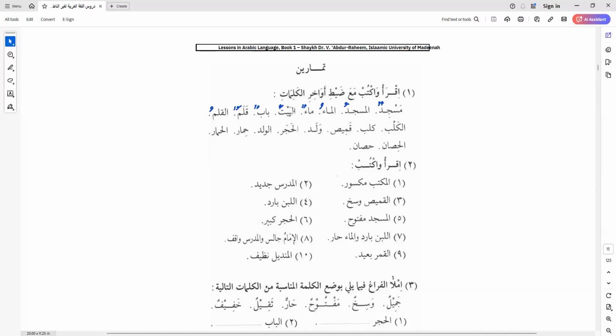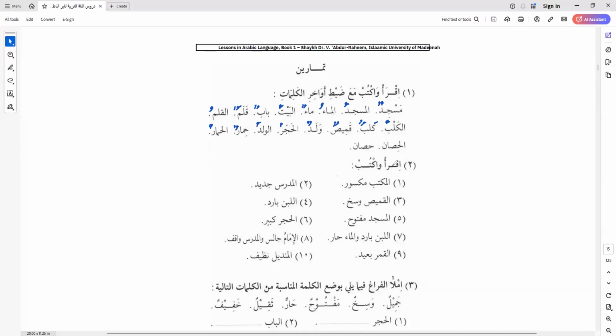Al-qalamu, one dhamma. Al-kalbu, the dog. Kalbun. These are words that we have encountered before. Qamisun, waladun, al-hajaru, al-waladu, himarun, al-himaru. So you see the vowel structure when a noun has a definite article, al, or it doesn't have it.